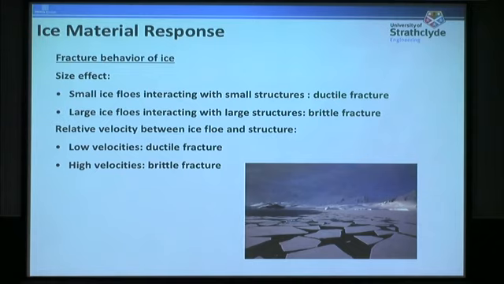So, depending on the velocity of the structure hitting the ice or the size of the ice, we can observe either a ductile fracture pattern or a brittle fracture pattern. So again, what we are seeing is a very complex situation that we need to take into account if we want to make accurate predictions.